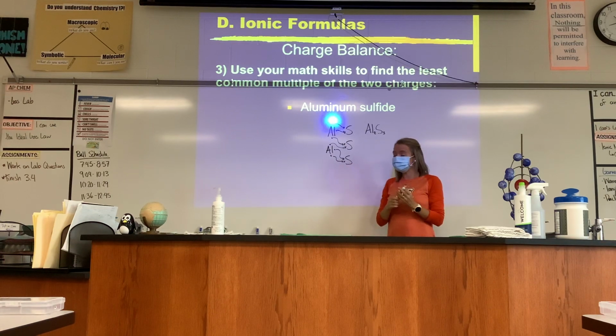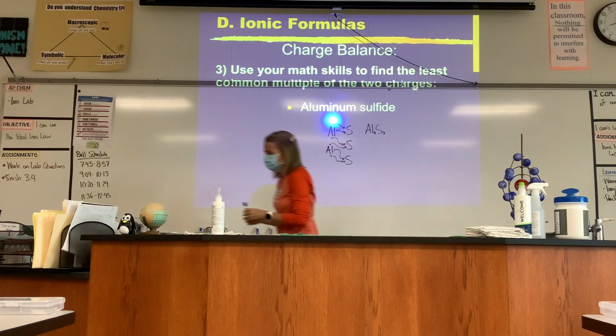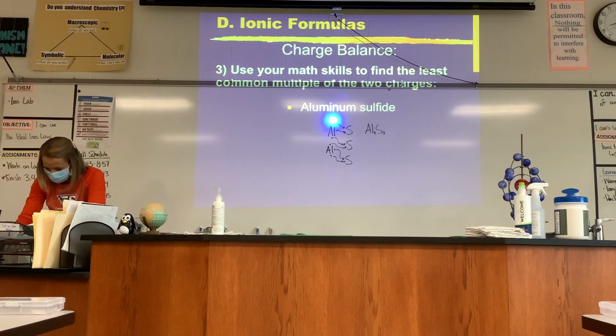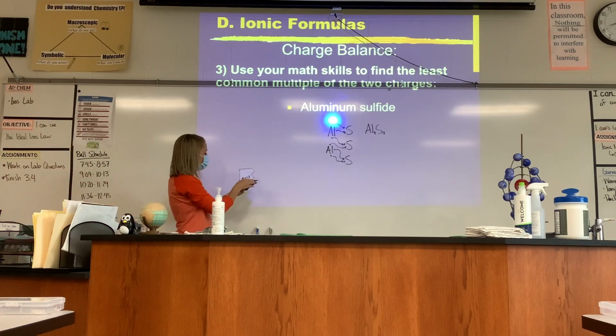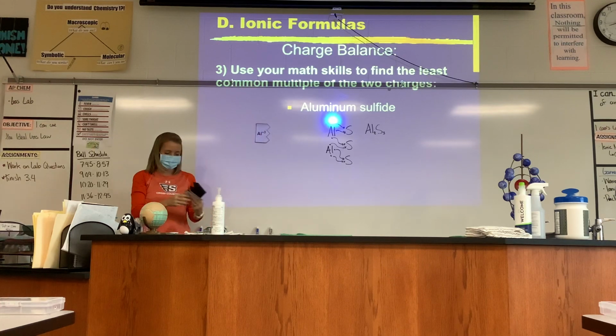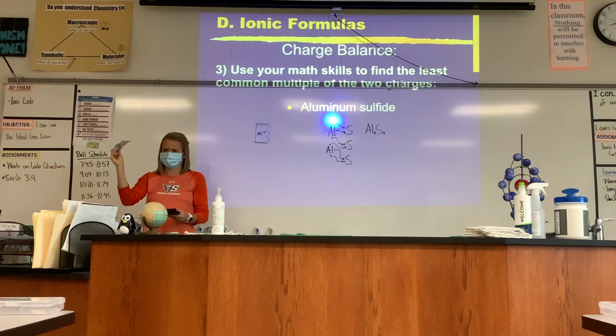Okay? Another thing you can do visually if it helps, and I have little versions of this, is I have these little puzzle pieces you can also play with if you find it helpful. For example, I have aluminum here. That's giving away 3. I don't have a direct sulfur, but I just need something with a 2, so we're gonna use this one.